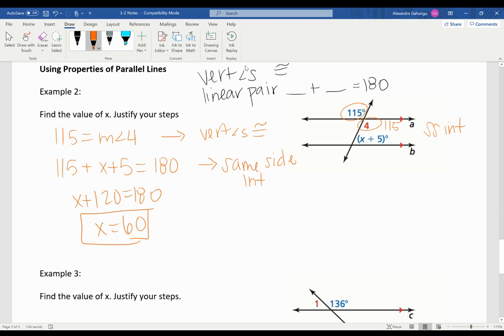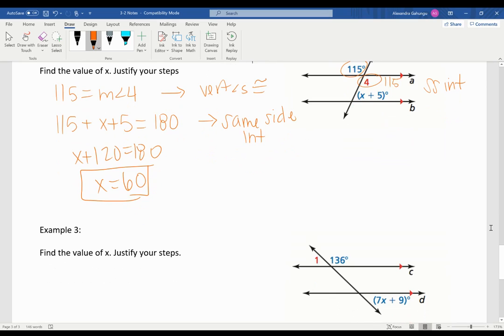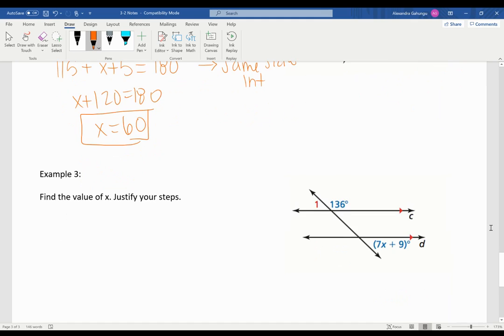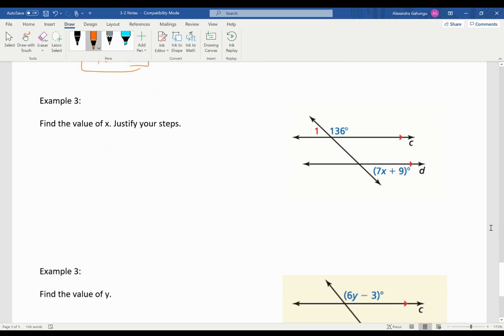All right, next example, kind of thinking the same things. We're still thinking about vertical angles and linear pairs, but also our new list of special angles. So with this picture, I'm still going to keep vertical angles congruent and whether we have a linear pair in mind.